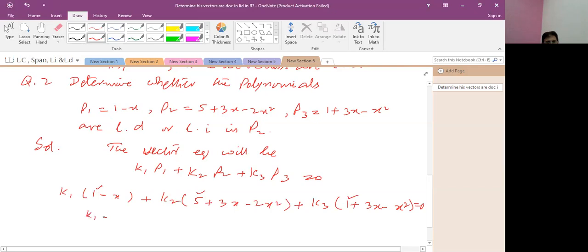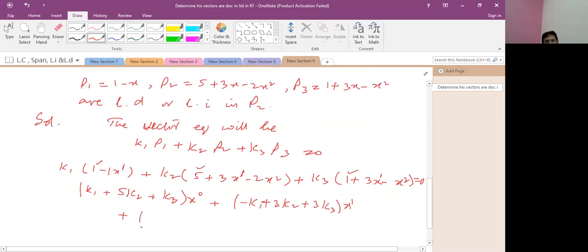So k1 plus 5 times k2 plus k3 is the coefficient of x to the power 0. It is the first expression. When we consider the power x1, we write minus 1 multiplied by k1 plus 3 multiplied by k2 and plus 3 times k3 of x1.